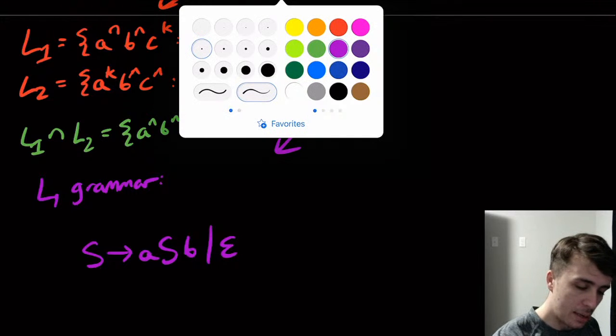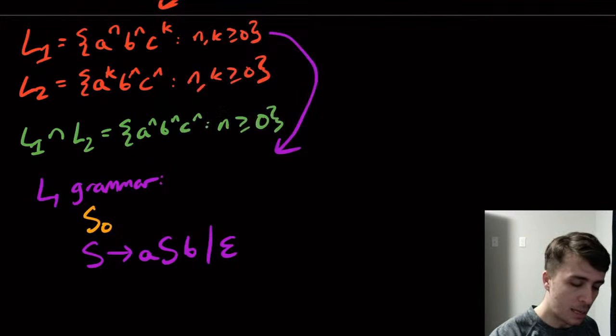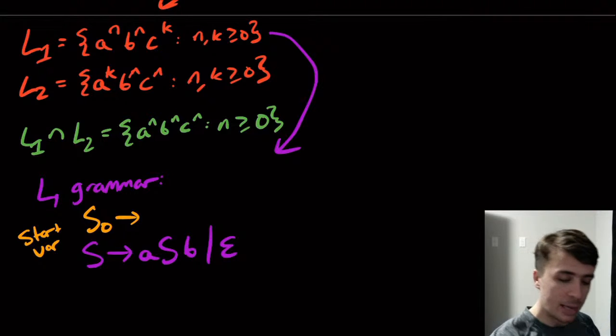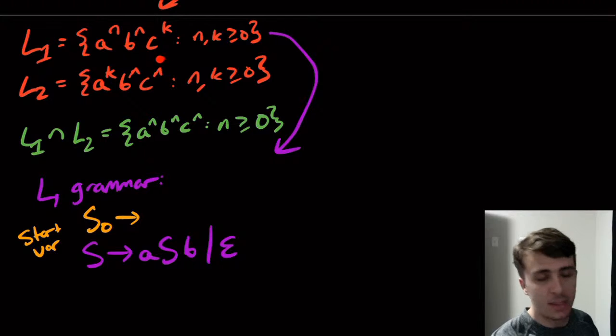Then what I'm going to have here is a variable S0, which is the start variable, which is going to concatenate whatever the a^n b^n part is with any number of c's at all.